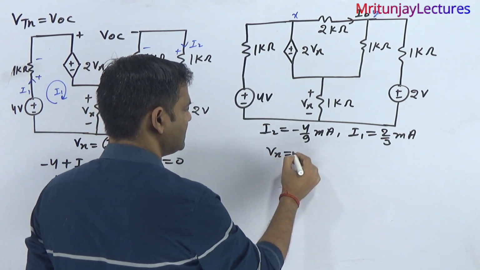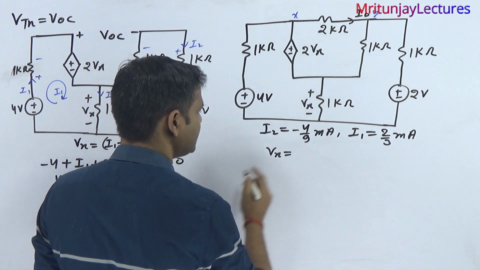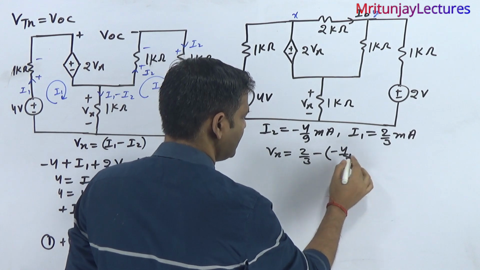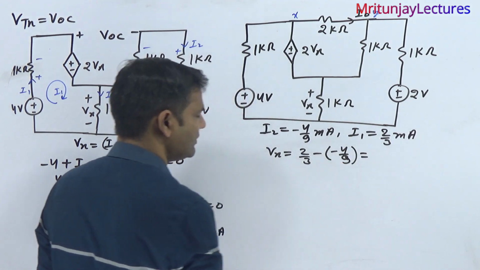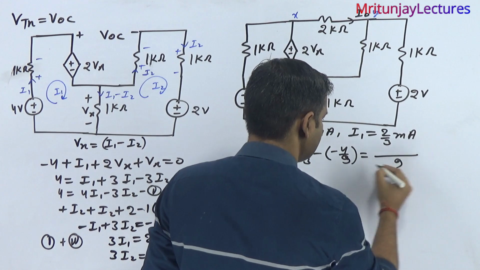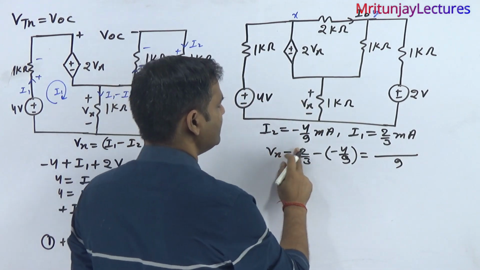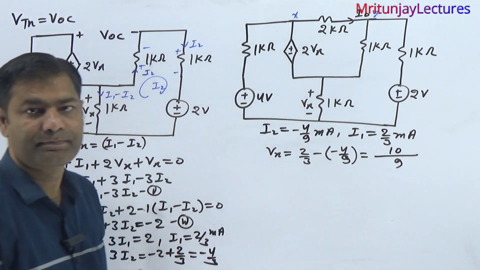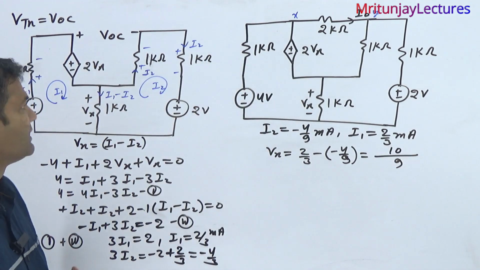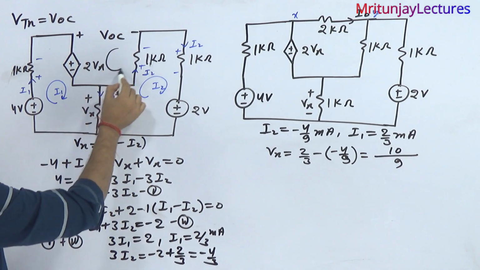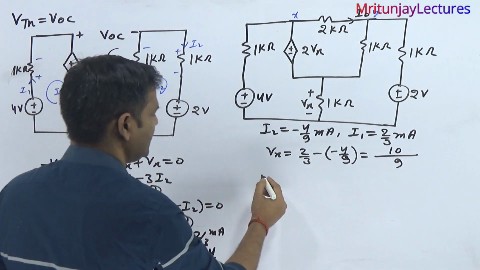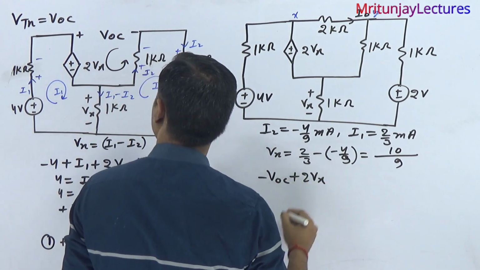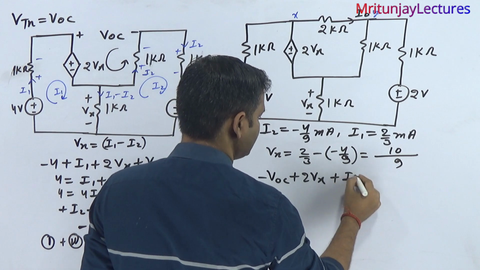So what about Vx? Vx is 2 by 3 minus 4 by 9. Then we get 6 plus 4, that is 10 by 9 volt. Now the next target is to apply KVL in this loop: minus 2 plus minus V of OC plus 2 times Vx plus I2 equals 0.